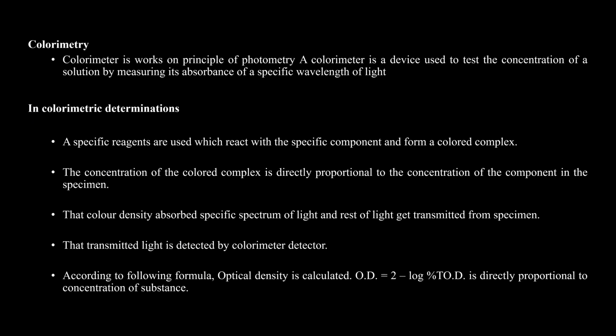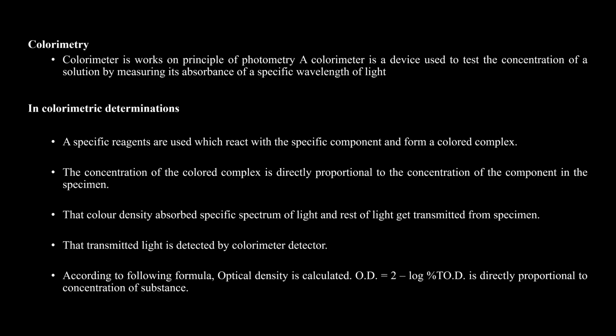Colorimetry is the working principle of photometry. A colorimeter is used to test the concentration of a solution by measuring the light absorbed at a specific wavelength. The colorimeter uses a specific reagent that reacts with the specific compound to form a colored complex.